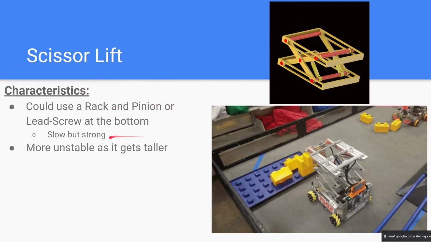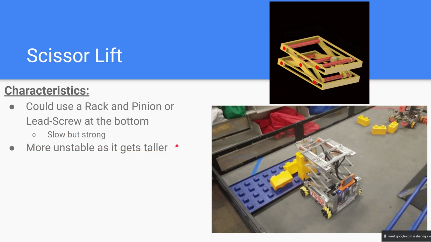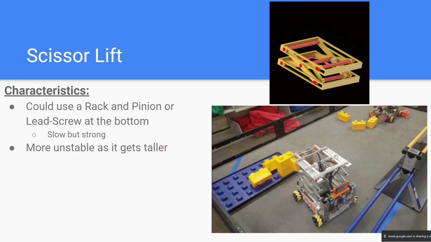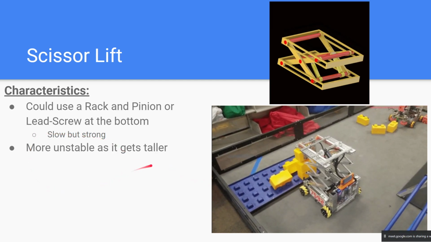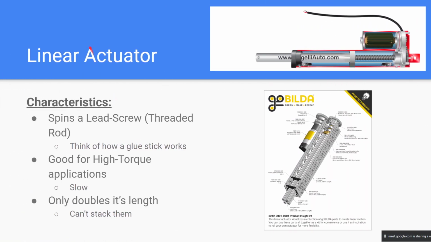The scissor lift can get really tall. However, it gets unstable as it gets taller because the scissors start to get closer together, so there's less support. It's also very slow because, I forgot to mention, linear actuators are pretty slow, simply because there's a lot of torque.